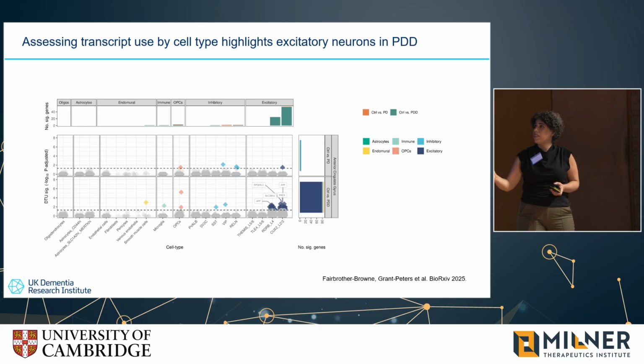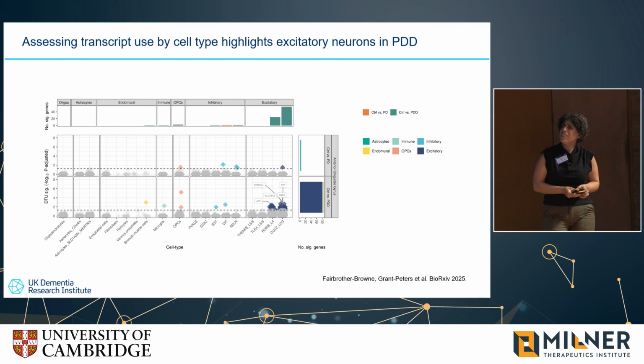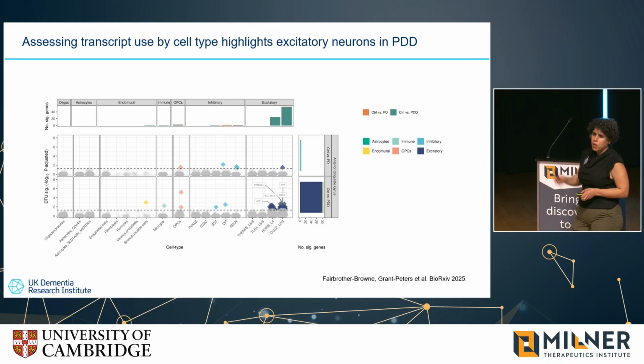You can see that there's APP, pretty important, given that as you progress to dementia, there's an increased risk of amyloid plaques in these patients. Synuclein itself, SNCA, is also changing transcript use in this state, specifically in the excitatory neurons. So this gives us a very different picture of the disease than differential gene expression does, which is dominated by effects on the glia.